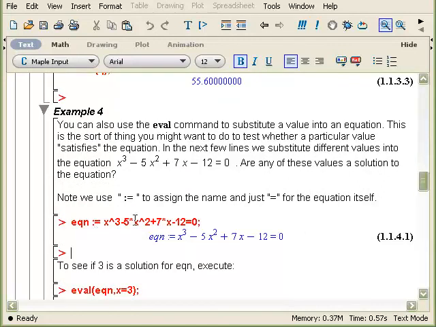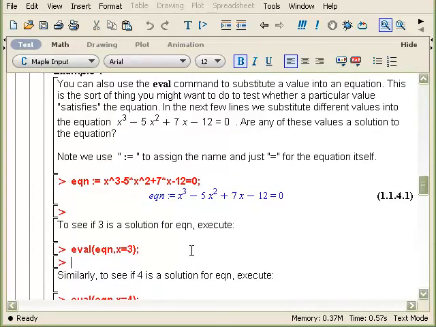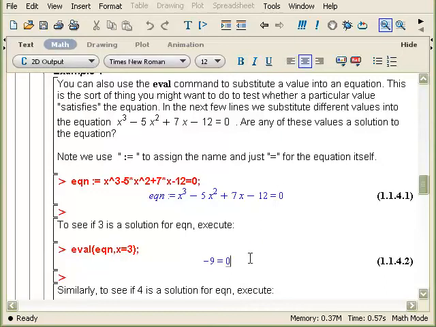An equation can even be assigned to a letter. Okay, so this is the whole equation, and that whole equation is assigned to EQN, right? So we can calculate it for any specific number for x. So when x equals 3, this equation looks like negative 9 equals 0. So what is the meaning?